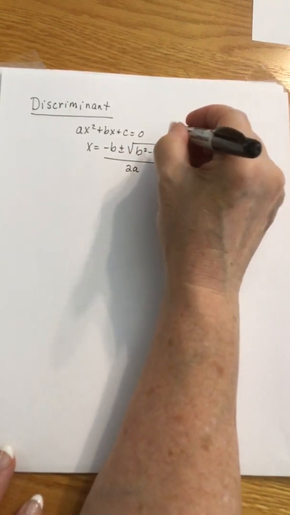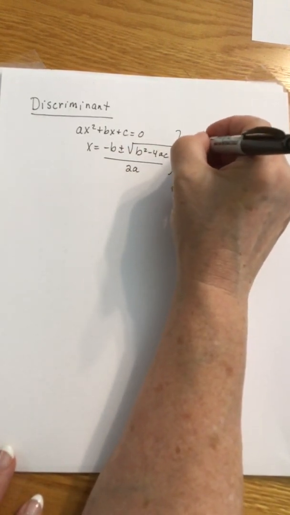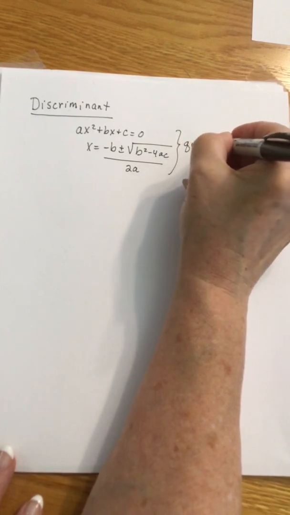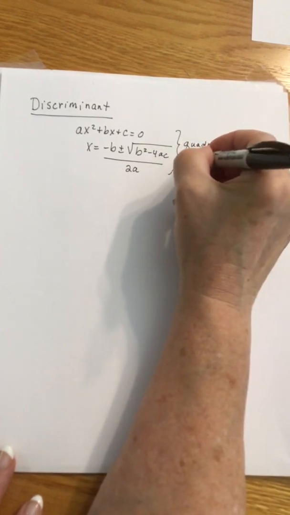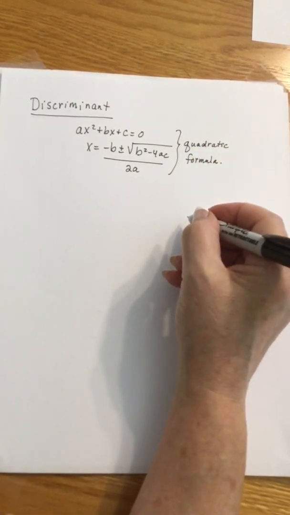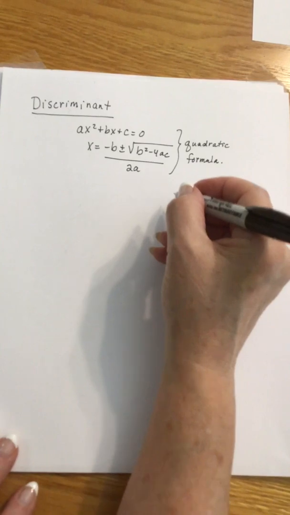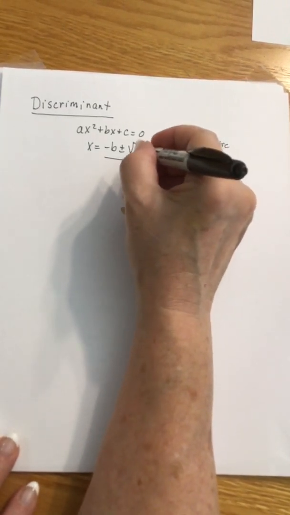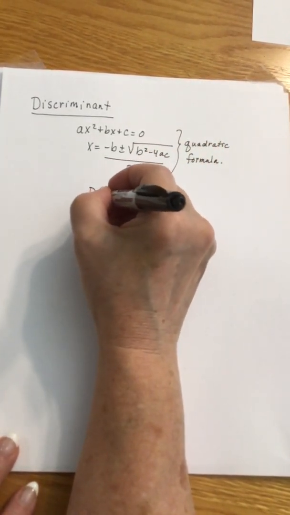We said this was the quadratic formula. So in order to use what we call the discriminant, we're going to take the radicand, the part that's under the radical, and call that the discriminant.